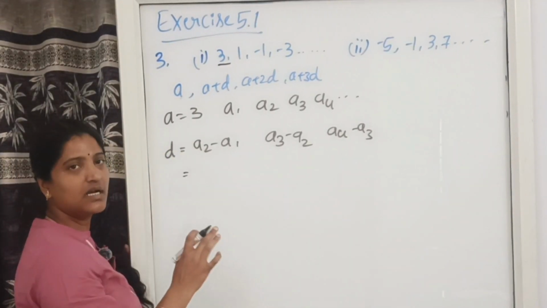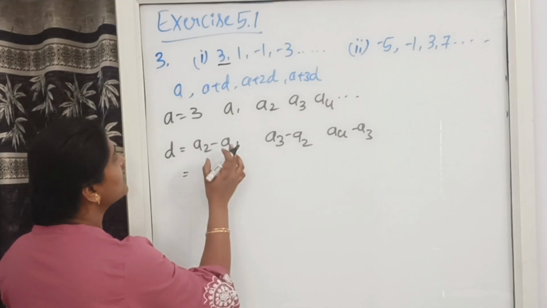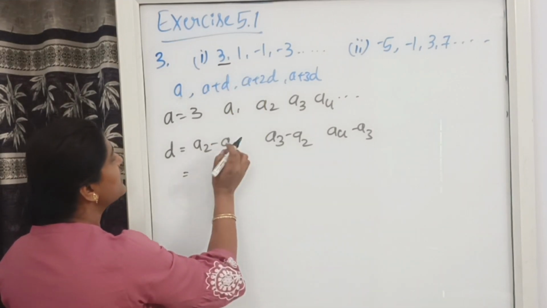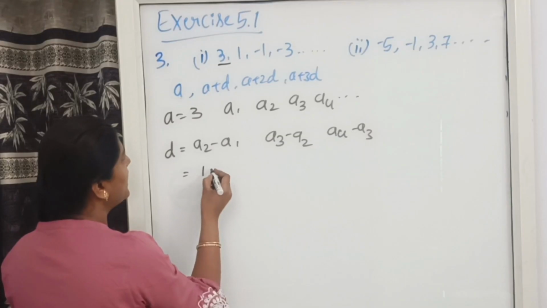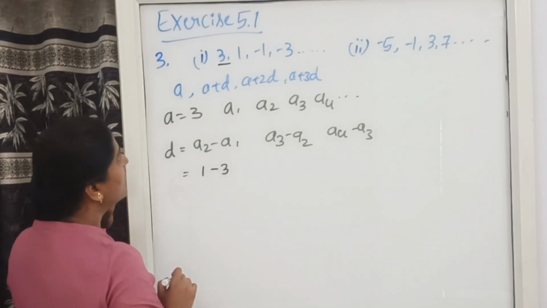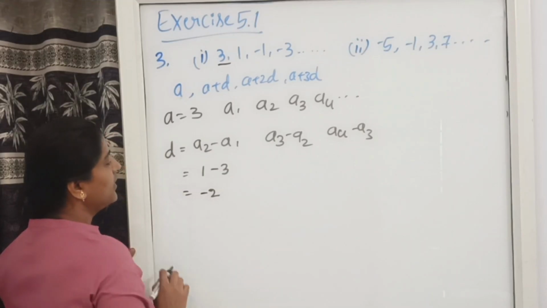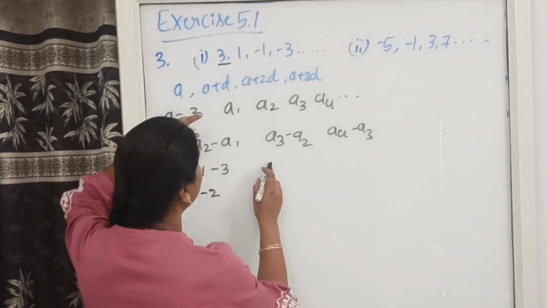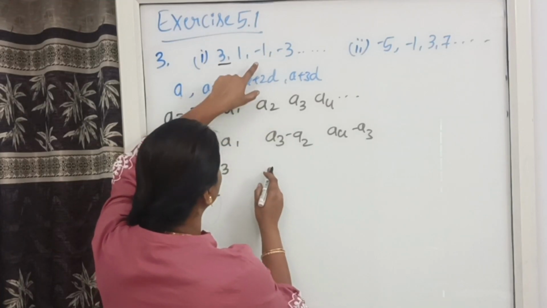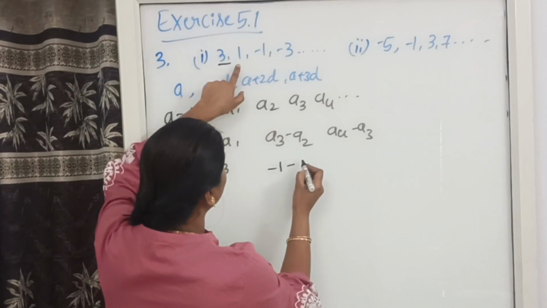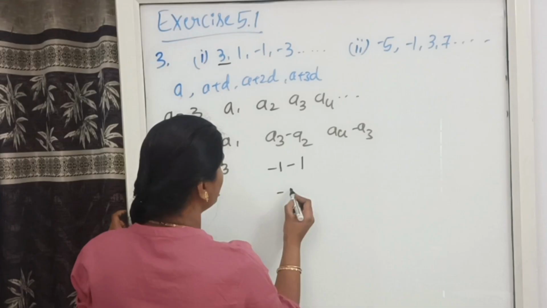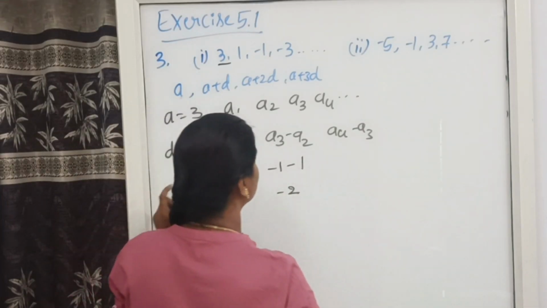AP means it should come the same. So A2 minus A1: A2 is 1 and A1 is 3. 1 minus 3 is minus 2. A3 is minus 1, A2 is 1, minus 1 minus 1 is also minus 2.